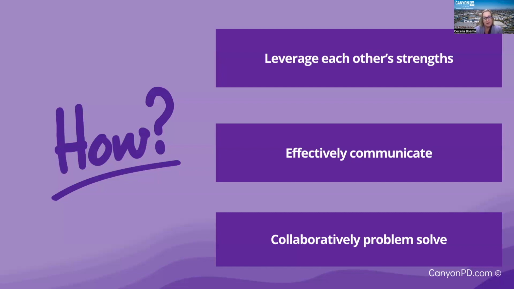Prioritize well-being and offer those growth opportunities, as well as celebrate success together. It's so important to be celebrating our success, as well as thinking about that collaborative problem solving and doing it with those protocols in place so that you're just following a process and together you're working towards a solution.